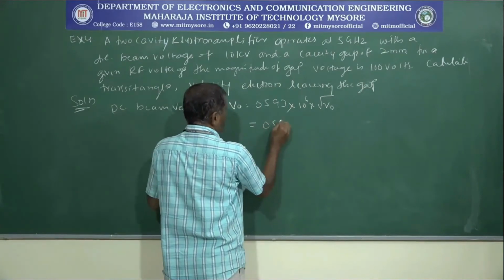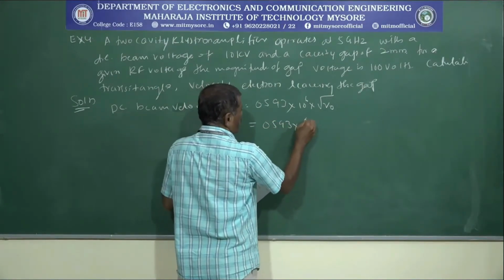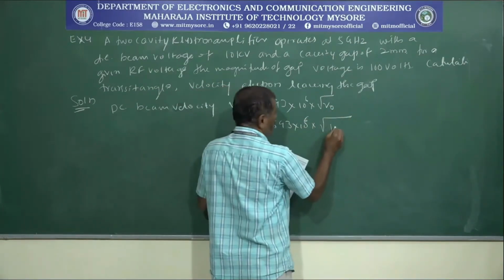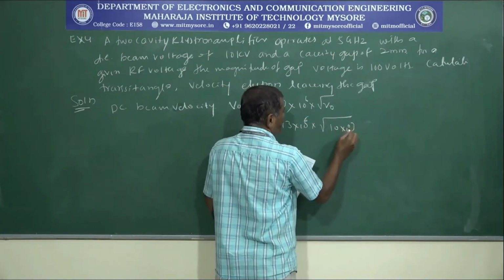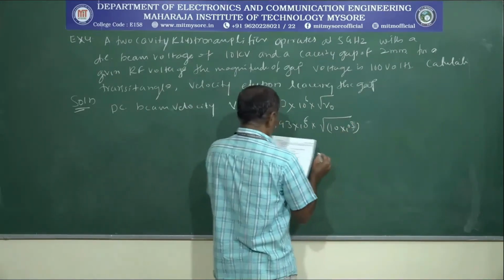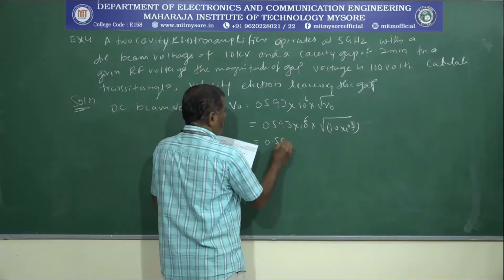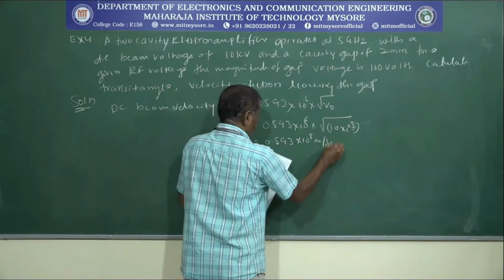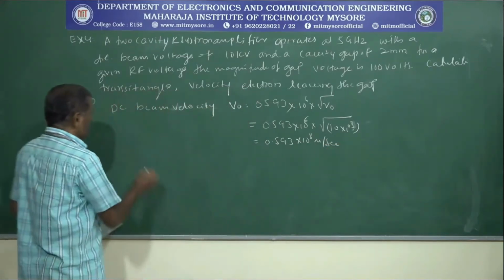So this is equal to 0.593 into 10 to the power of 6 into root of V0, which is given in the problem. It is 10 into 10 to the power of 3. So this is going to be 0.593 into 10 to the power of 8 meters per second.